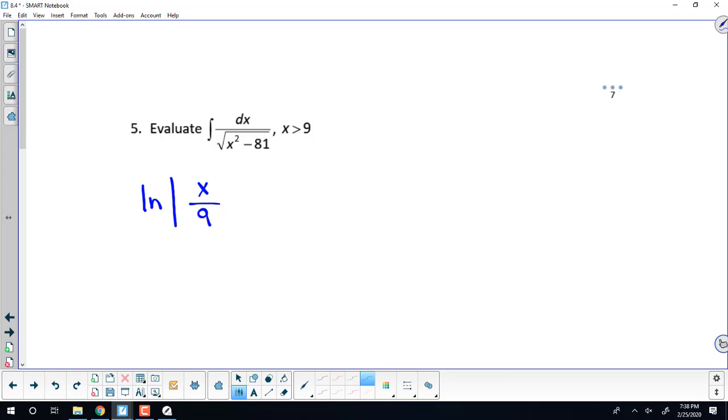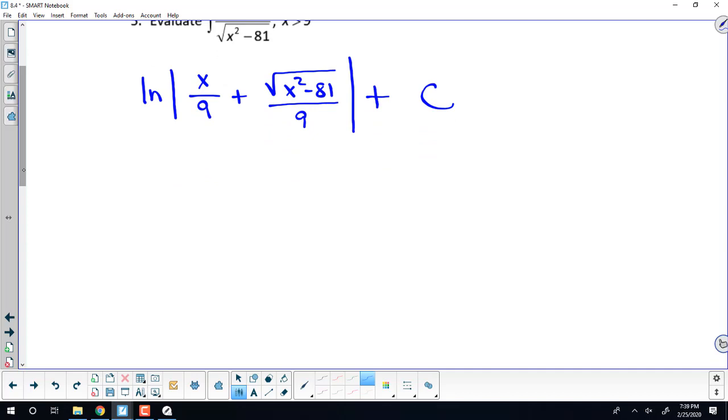The answer is the natural log absolute value of x over 9 plus the square root of x squared minus 81 all over 9, plus some constant. So we see that thing again. What must we have ended up integrating to get here? Yeah, secant. That's the natural log of secant plus tangent.